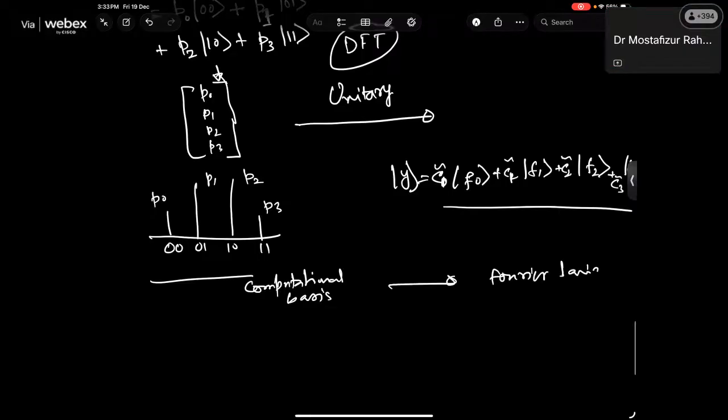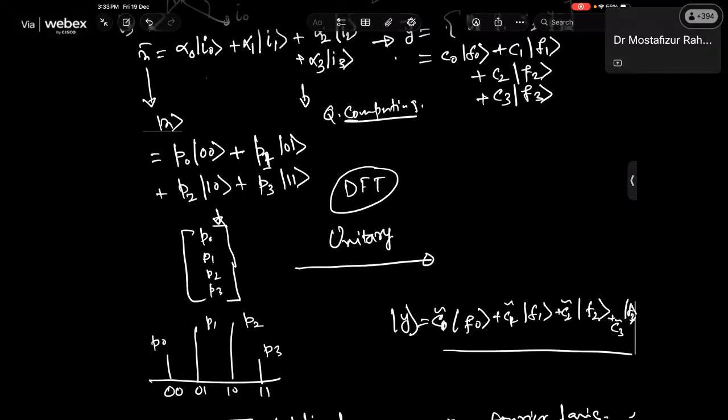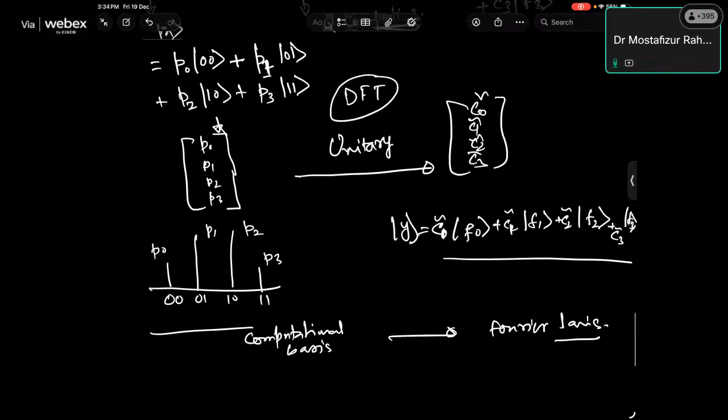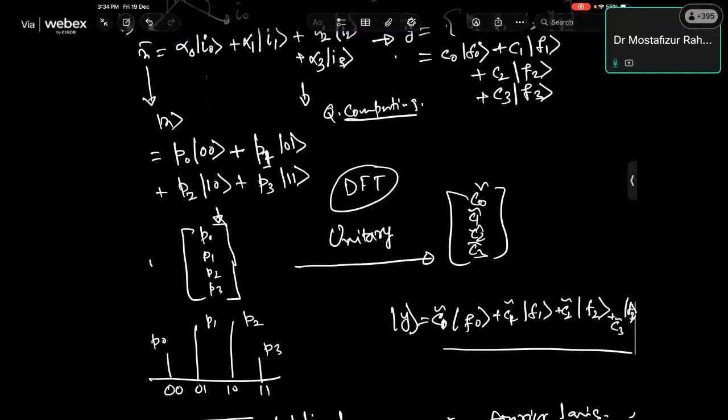Also, what changed is this earlier probability distribution P0, P1, P2, P3 changed to C0 tilde, C1 tilde, C2 tilde, C3 tilde. That's all, right? This was your one state representation, vector representation. This is another vector representation, and this basis representation you got using a unitary transformation of the previous one, right?